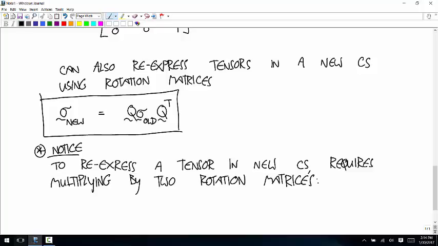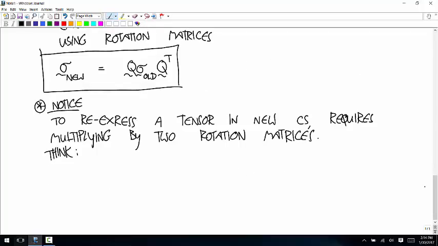And in a sense, what that does is think of one of those rotation matrices as reorienting the stress cube. Remember that stress cube has like a positive x face, a negative x face, a positive y, negative y. So one of these rotation matrices realigns the faces.